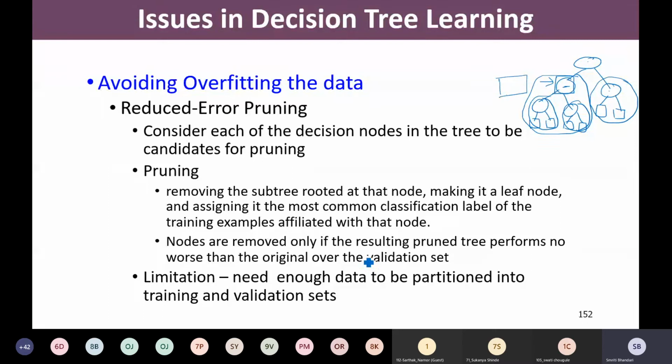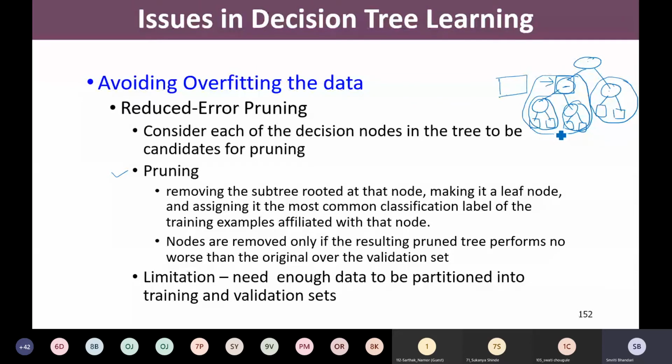Just remember, pruning is simply removing a subtree, provided removing the subtree will not worsen the performance of the original tree. This is simply the meaning of pruning the tree.